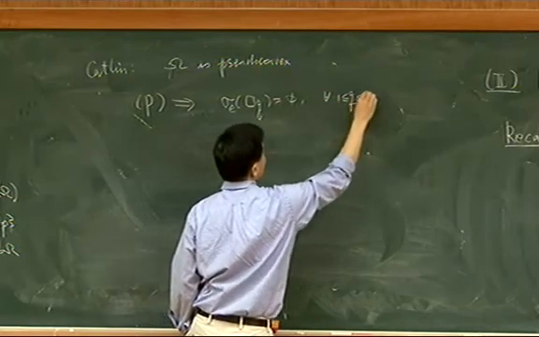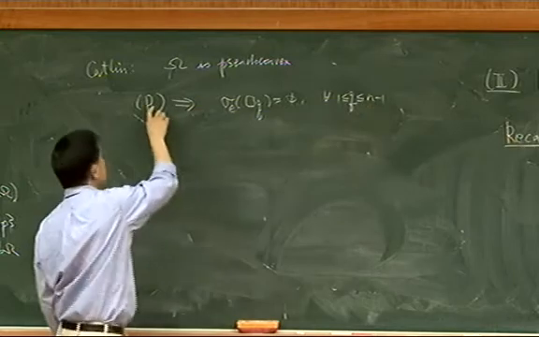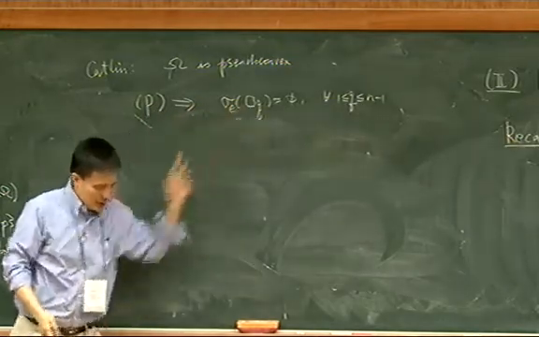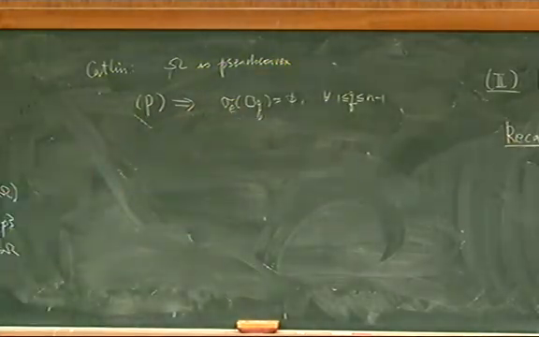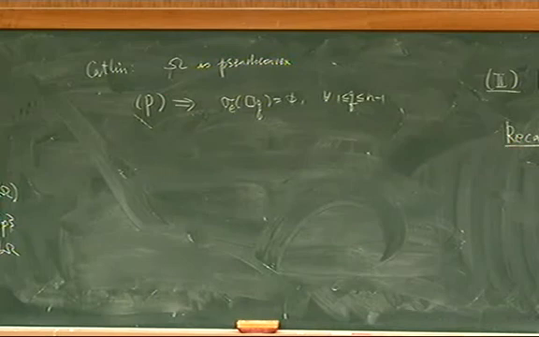Actually, one can introduce the concept of property Pq, which corresponds to the 0,q forms, but here for simplicity, let's just talk about property P as in Catlin's case. So this is a sufficient condition.